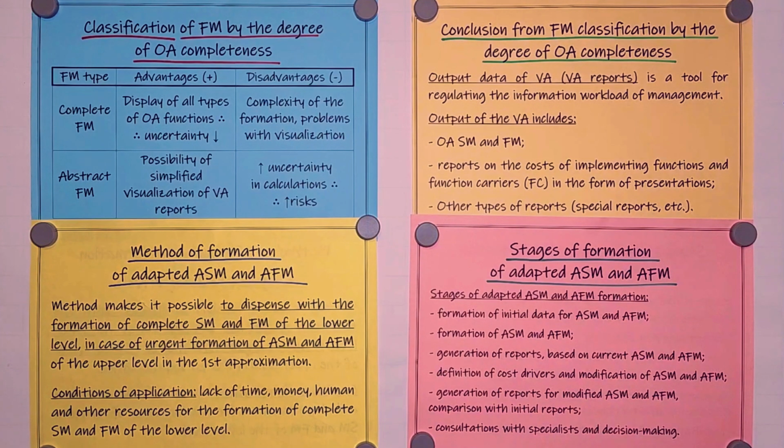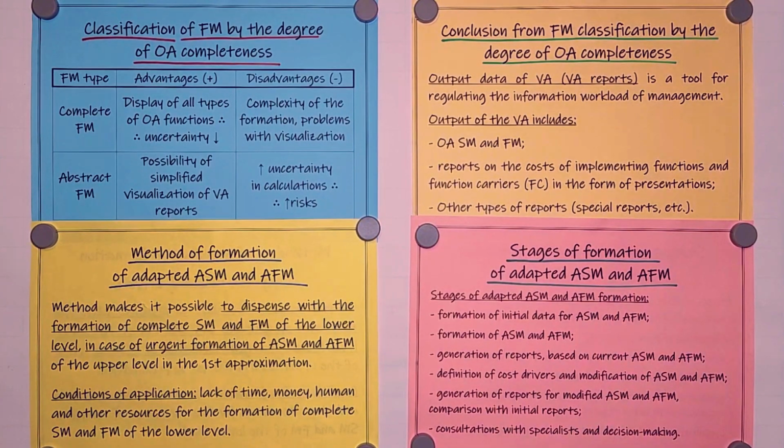In particular, the complexity of forming a complete functional model is due to the level of abstraction set at the formation of the structural model, i.e. the more function carriers we consider, the more functions can be formulated and the more cumbersome the functional models will be. A similar approach is also used for the abstract functional model, which, being small in size, can be used to form visual materials, presentations, videos, paper reports, etc.